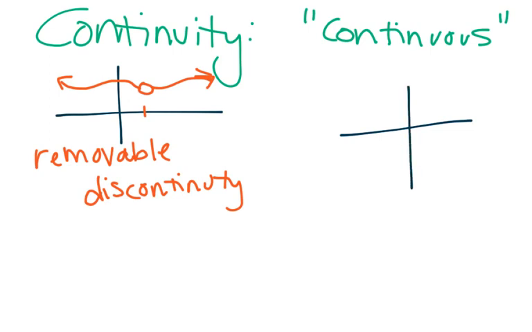Jump discontinuity is going to be some sort of graph that all of a sudden stops and then jumps up to be something else. All right, and it does happen at that one point, and so it is still continuous because it goes without stopping necessarily. But again, we're going to call this jump discontinuity.